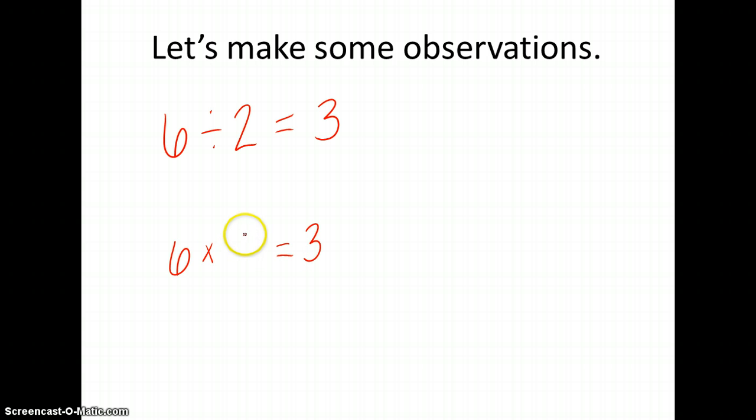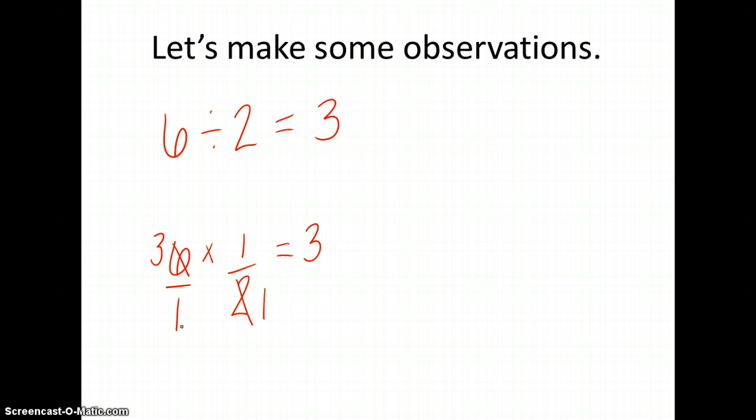If I take 6 and multiply it by 1/2, because I'm taking half of 6, and we said that word of means to multiply, I would get, if I simplify, 2 goes into 2 once, 2 goes into 6 3 times.